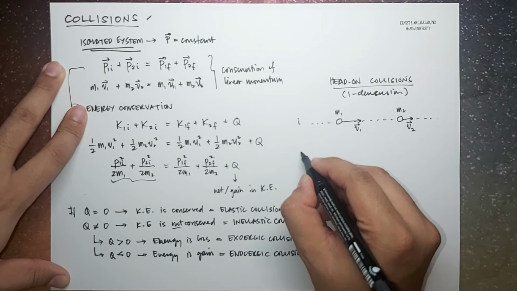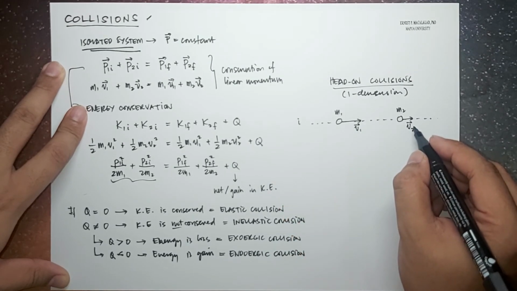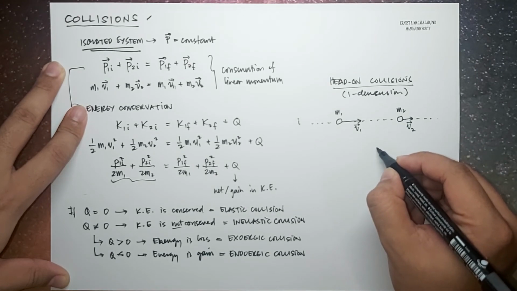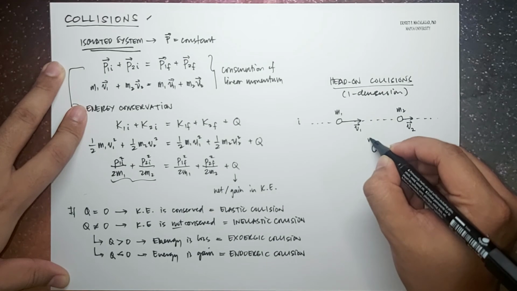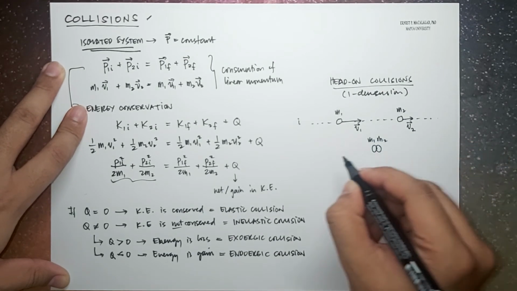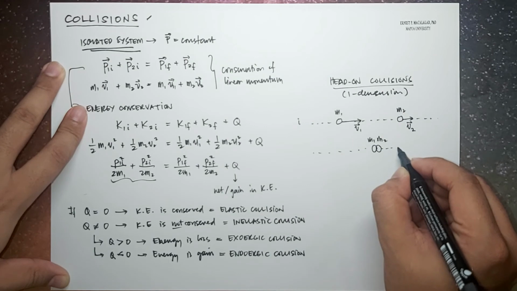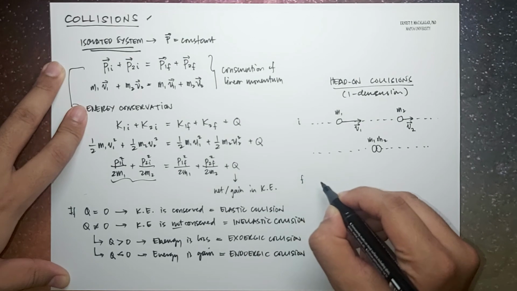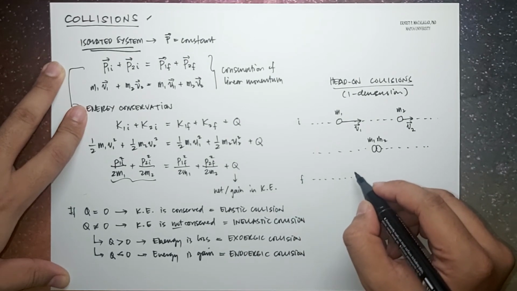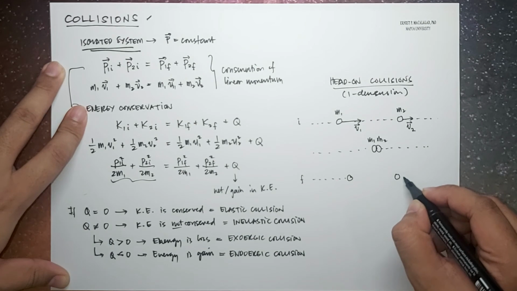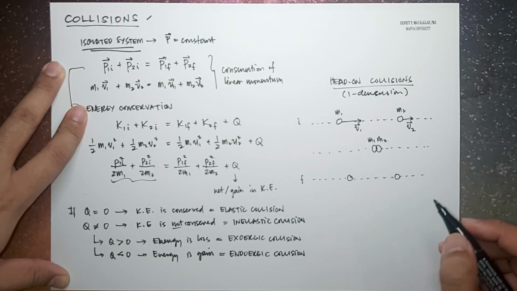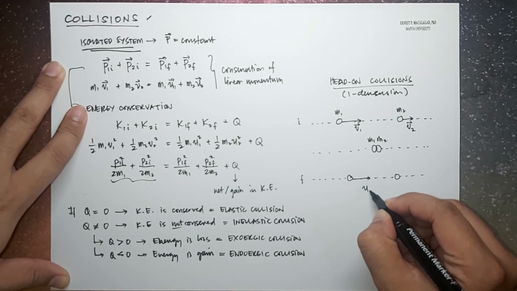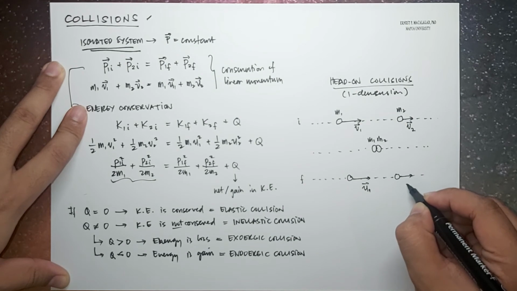Okay, because v1 is generally greater than v2, that means at some time m1 and m2 will collide. So this is during collision, this is before collision, and then lastly, these two particles will eventually move maybe away from each other or towards each other, but generally they will move in a different way.